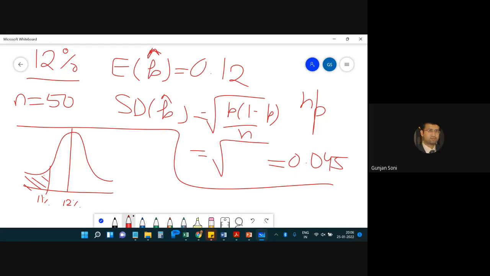So if n into p is greater than 10, then you can apply the central limit theorem. But in this case, it is coming out to be 6, and it has to be greater than 10. Now here is the issue.